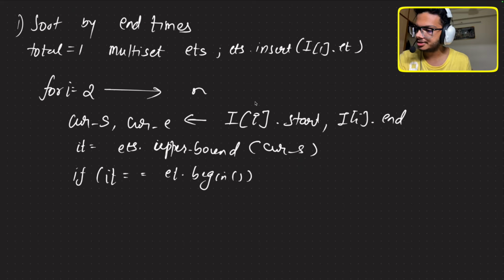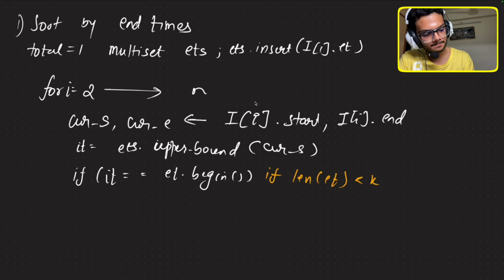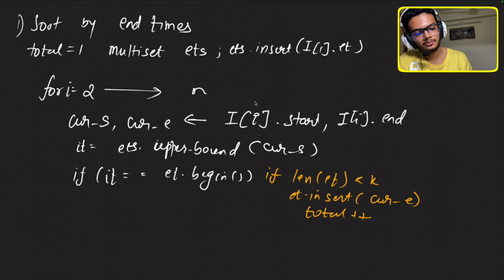So you check if the length of ets, the number of people currently watching a movie, is less than k, we can watch this movie. So ets dot insert current end time and total plus plus. In this case we can watch the movie, otherwise we cannot and we skip.